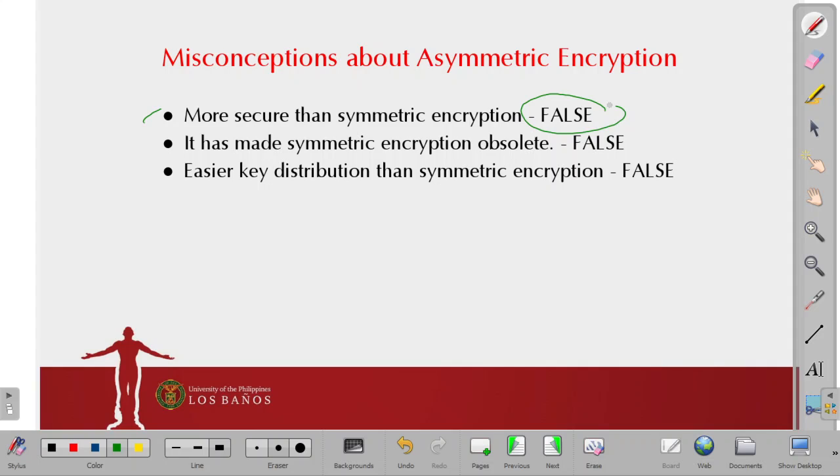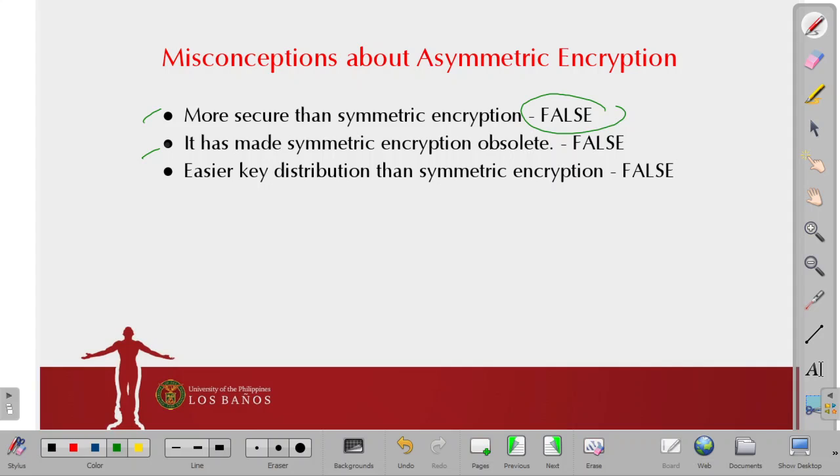An encryption algorithm can be attacked by cryptanalysis, by analyzing the algorithm, or by a brute force attack, by trying out all possible keys. So it doesn't actually make this asymmetric approach more secure, even though there are two keys.